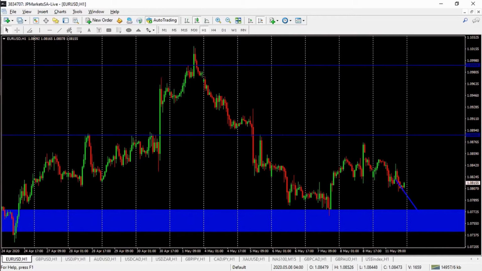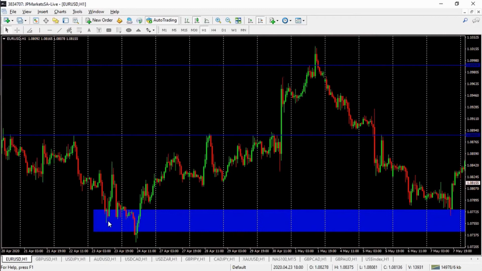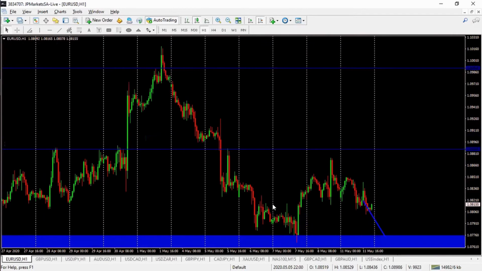So as you can see, I've indicated that this might come to this level, and this level already shows it's still an important level. Even if I go back here, this level has been causing some reaction in the market once the market reaches it. So I think it's still gonna come back here and then pull back up.